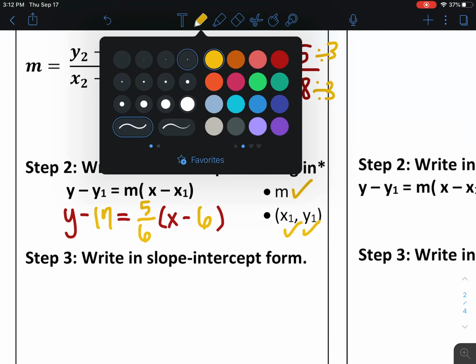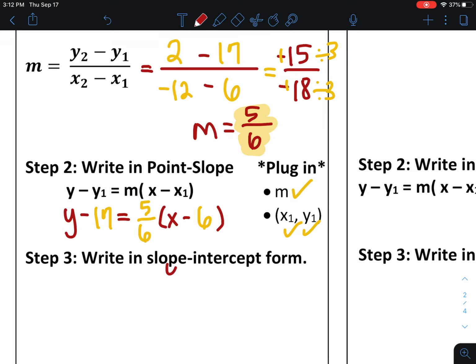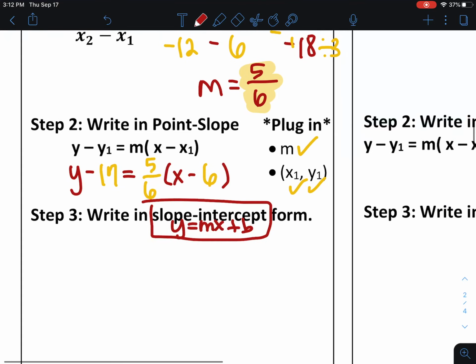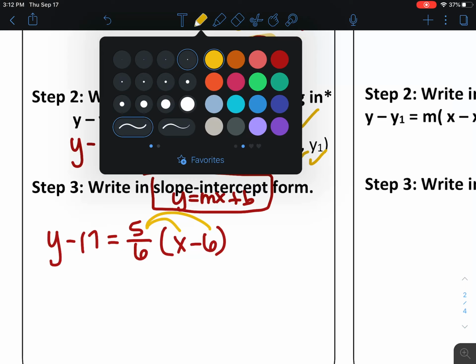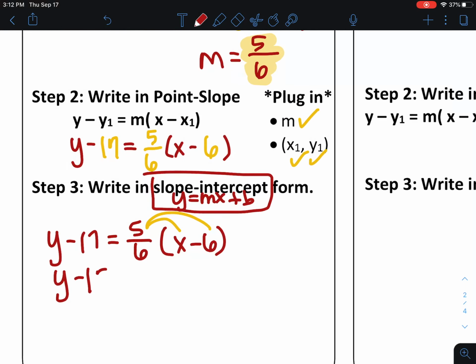Now we're going to clean this up and change it to slope-intercept form, which, don't forget, is y equals mx plus b. All right, and again, that is slope-intercept form. Okay, so we have y minus 17 equals 5 over 6 times x minus 6. Let's go ahead and distribute that 5/6 here and here. And so that's going to be y minus 17 equals 5/6 x minus 5.